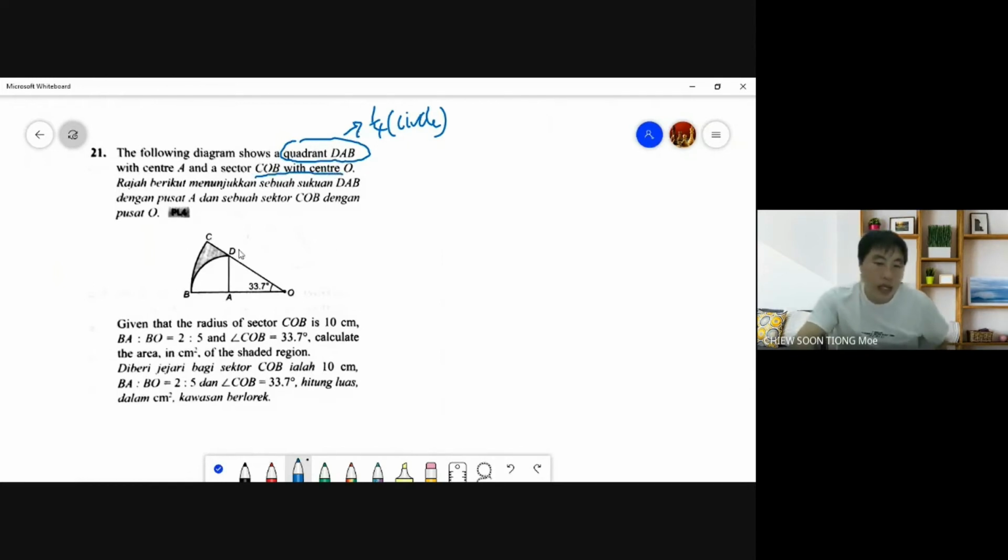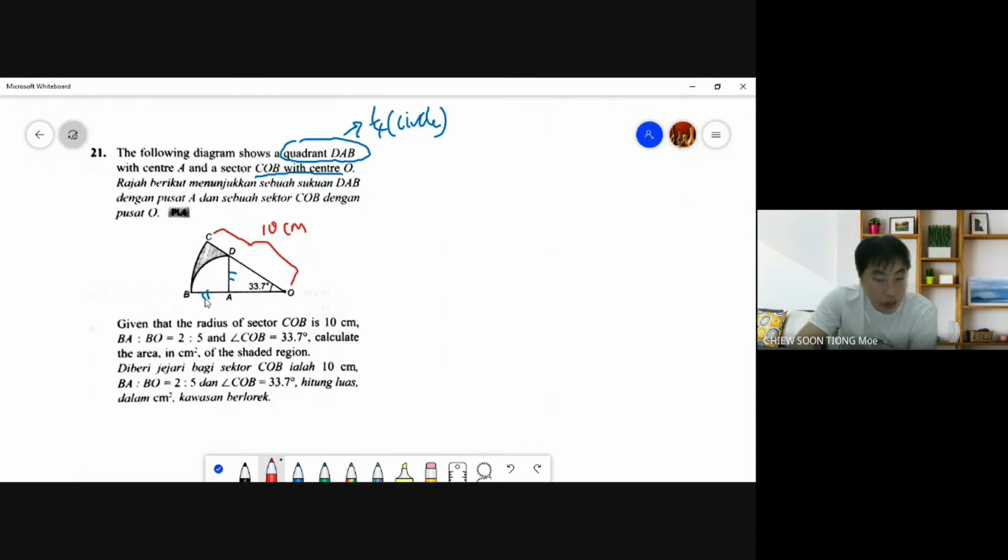So one is center, one is quadrant, so this length and this length must be the same or equal. Given the radius of COB is 10 cm. So I label COB, so its radius is 10 cm.